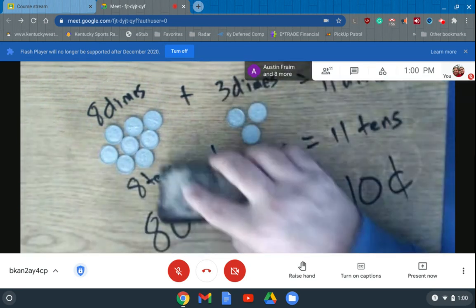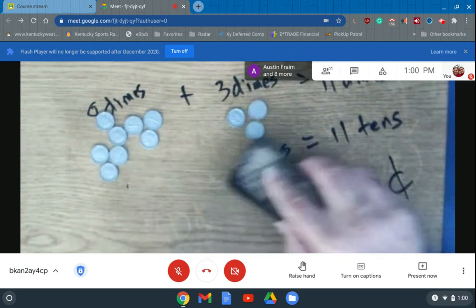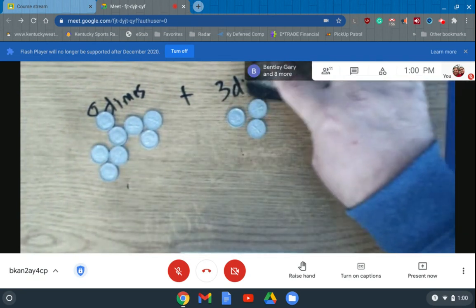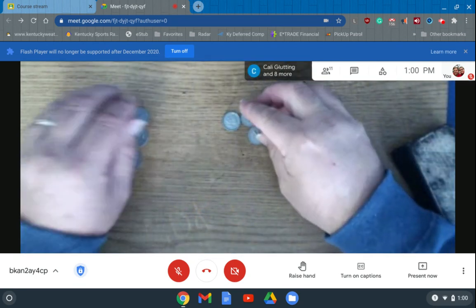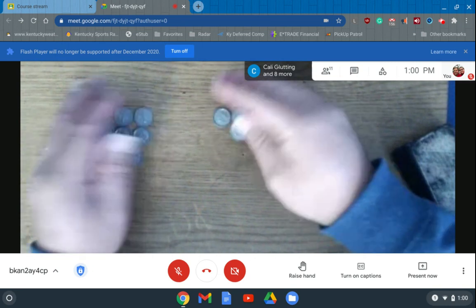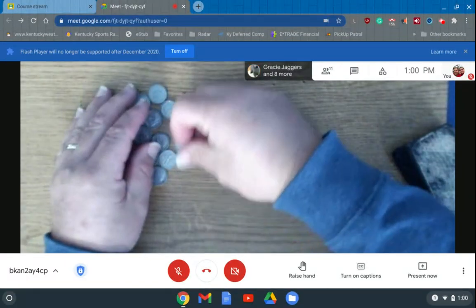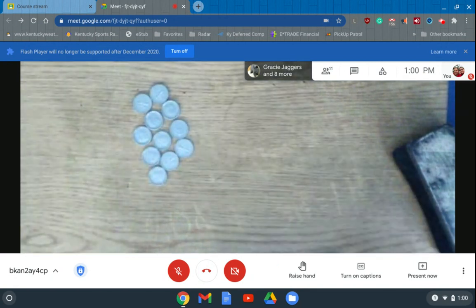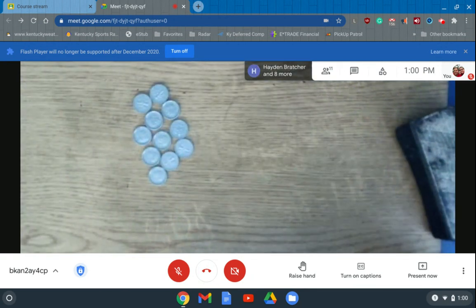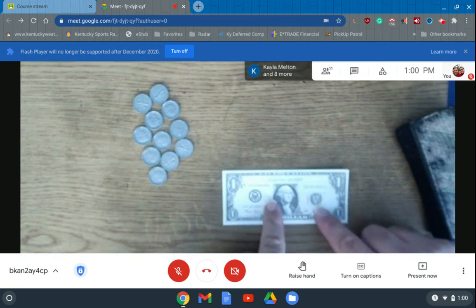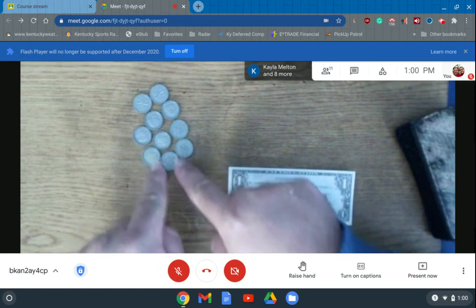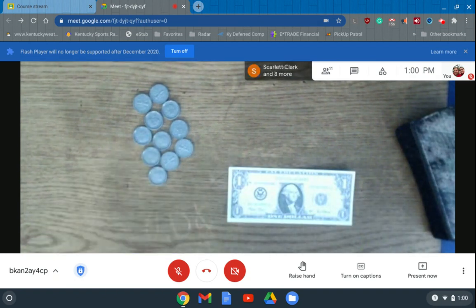Okay, I'm going to get rid of all this marker stuff. All right. And I'm just going to push them together. So right there, we said we have 110 cents. Okay. And she's telling me that I need to trade some of those for this thing. And this thing is worth 100 cents. Well, I've got 110 cents right here.